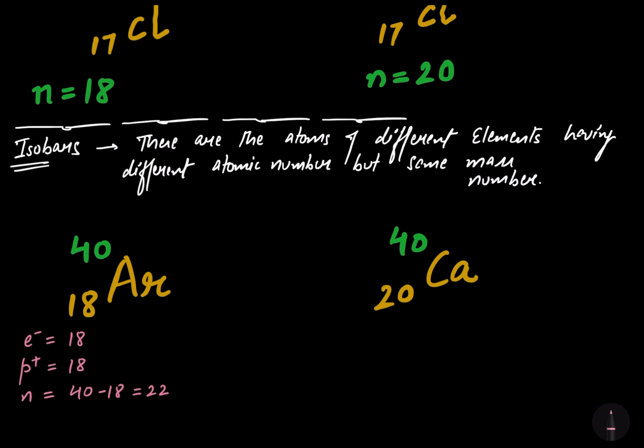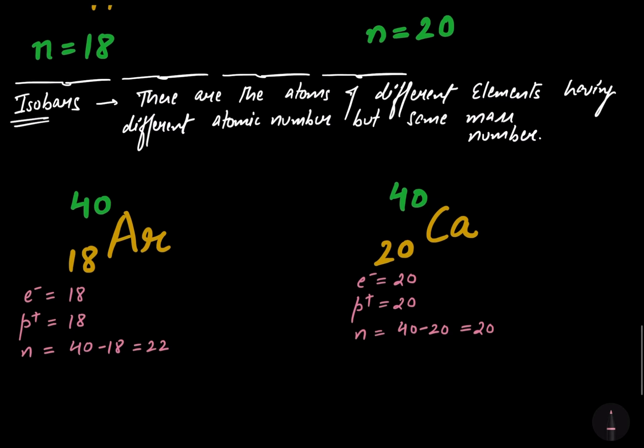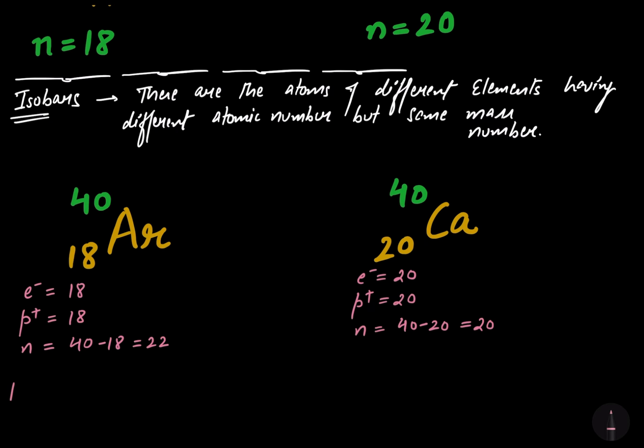In case of calcium, the number of electrons is 20, the number of protons is also 20, and the number of neutrons is 40 minus 20, which comes out to be 20. Now let's calculate the sum of protons and neutrons, which is called the mass number. For argon, protons are 18 and neutrons are 22, which comes out to be 40. For calcium, protons are 20 and neutrons are also 20, so 20 plus 20 comes out to be 40.